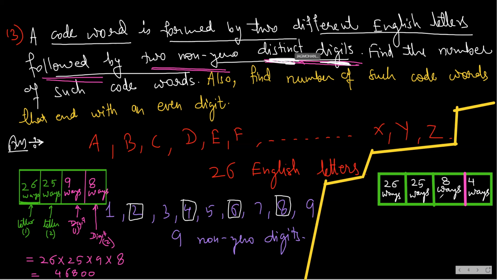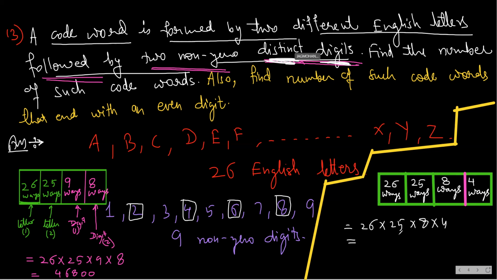So how will you write the final answer? Exactly the way I said. And I think you are smart enough to write these answers. So the final answer here is 26 into 25 into 8 into 4.